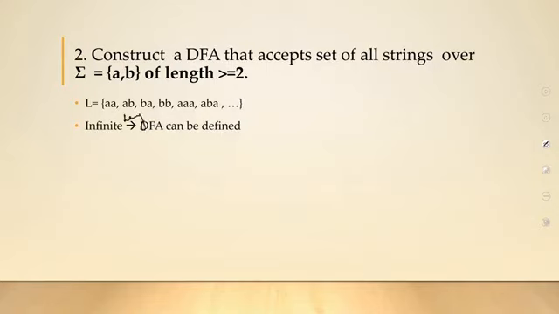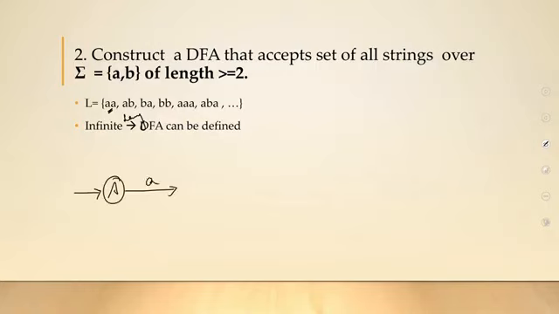Now, always have in mind, be it a finite language or an infinite language, a DFA can be defined. Now, let's try to build up a DFA over here. So, as usual, go for the smallest string, AA. So I'll start over here. A.